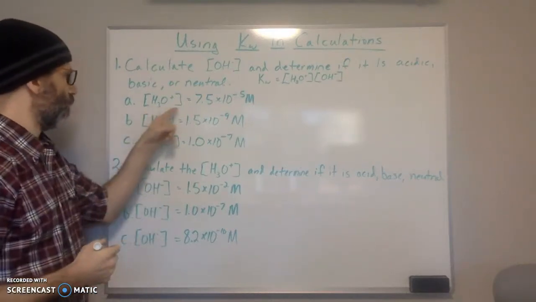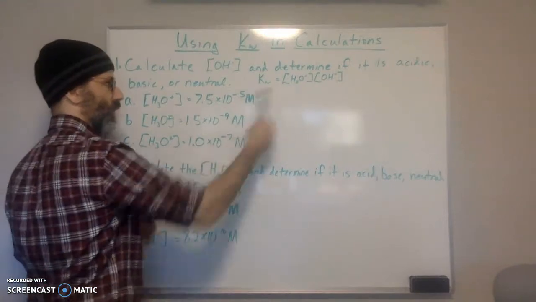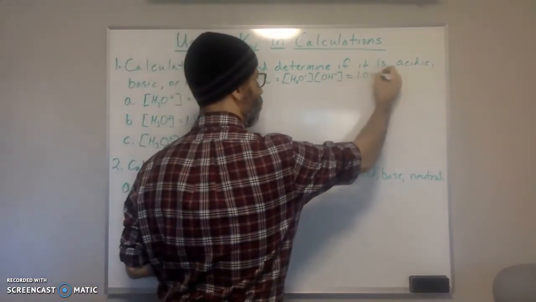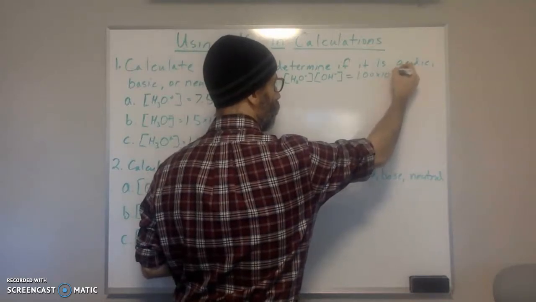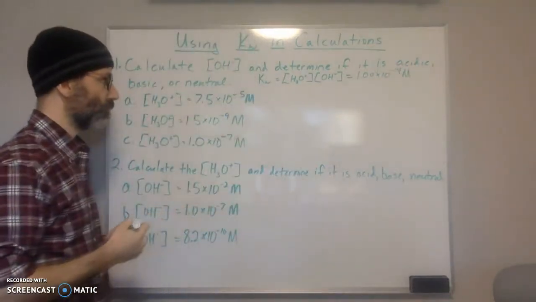Okay, so how do we do this? Well, here all you're going to do is plug in the given values into here. You know that this is equal to 1.00 times 10 to the negative 14 molar.